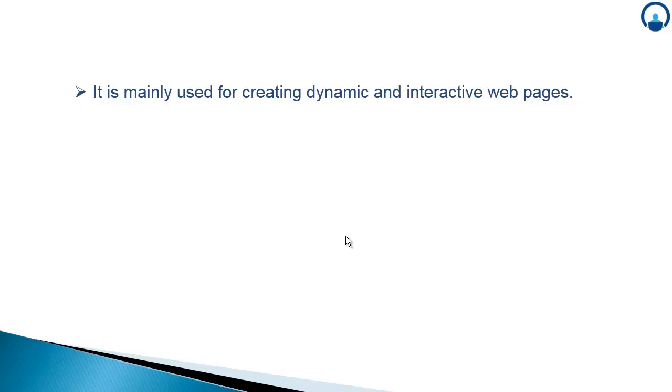That is, whenever a user visits that particular page, always the same content is visible to the user. The contents did not used to be updated as per the requirements. So even in case of different users visiting the same web page, the same type of content was visible to the user. So to eliminate that particular constraint, PHP is being used.